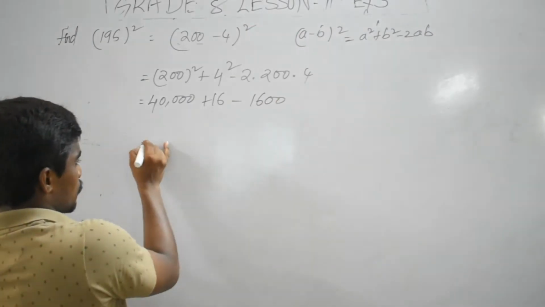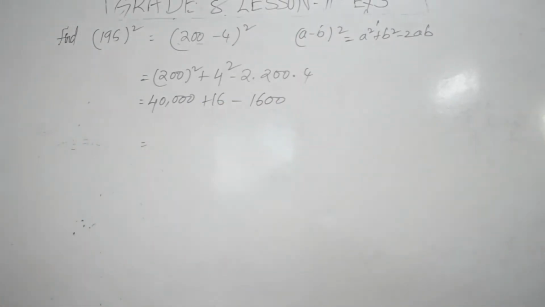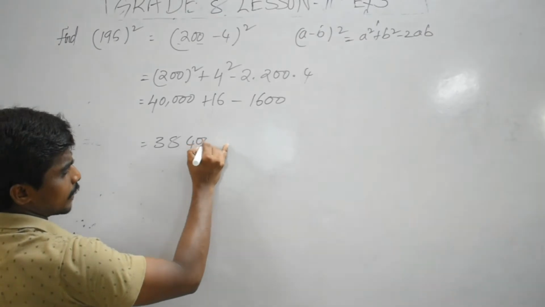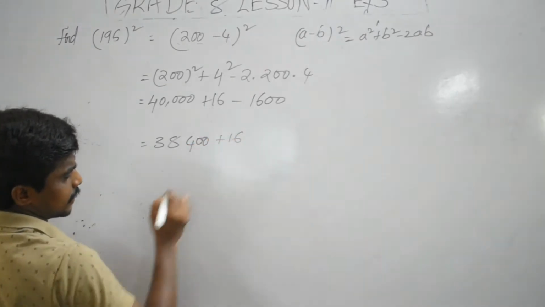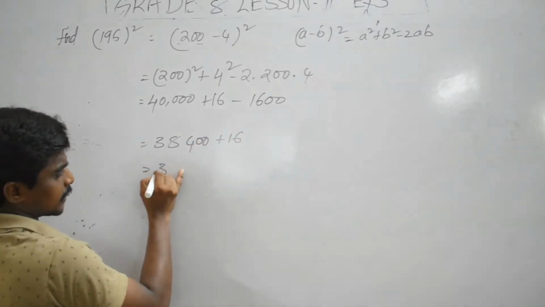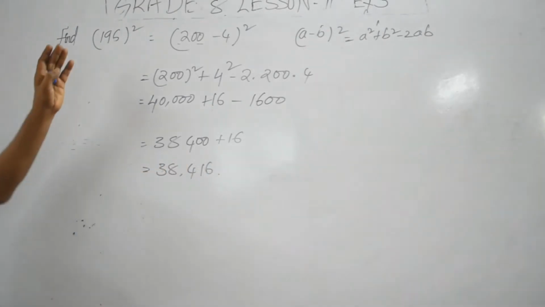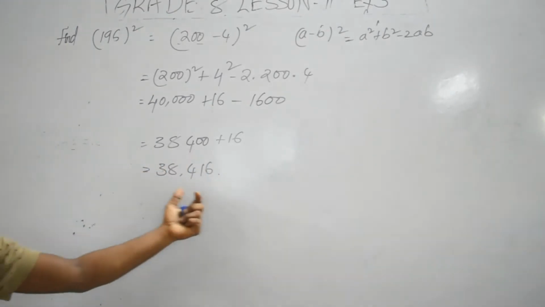So now 40,000 minus 1600, how much? 38,400 plus 16. So 38,416. That is the answer for the whole square.